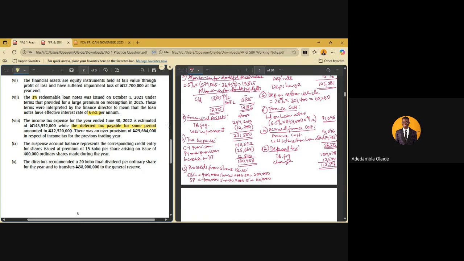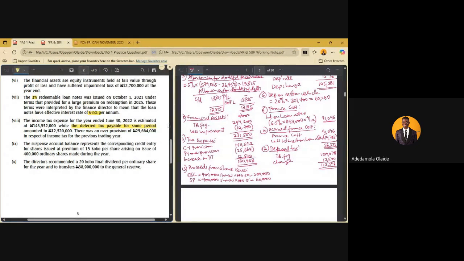So that's why we are taking it as increase in deferred tax. Is that clear now? If they had told us that it is the deferred tax receivable or recoverable for the period, then that would have been a decrease in our deferred tax, so that will be deducted. Is it clear?